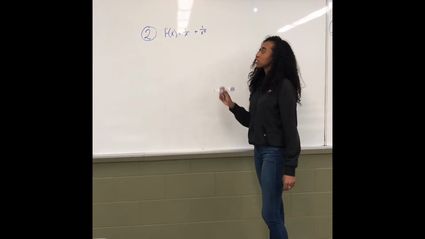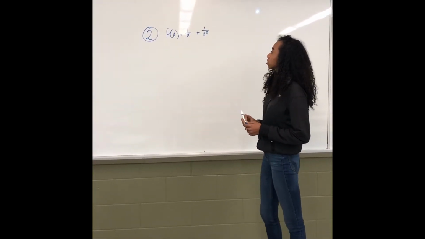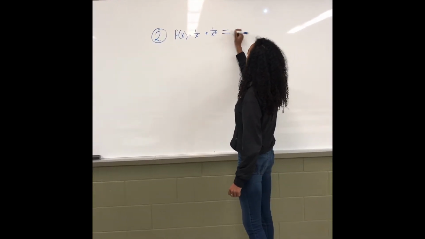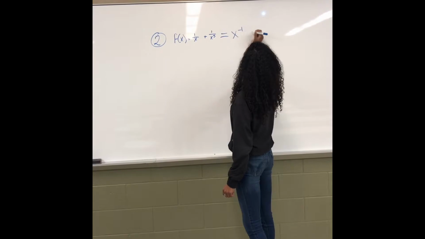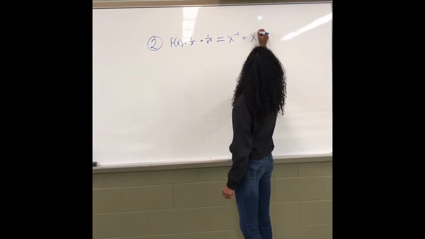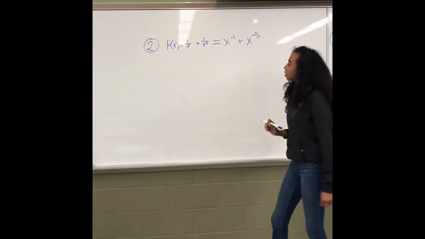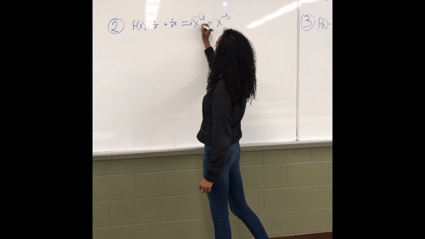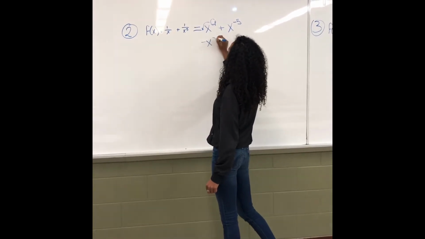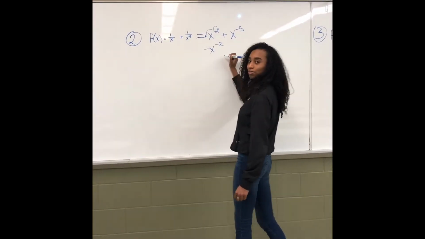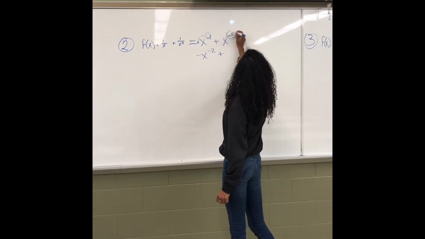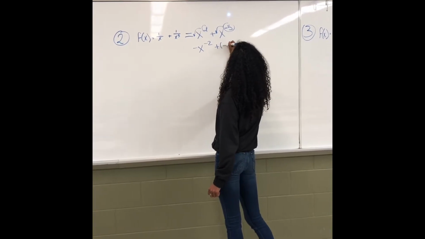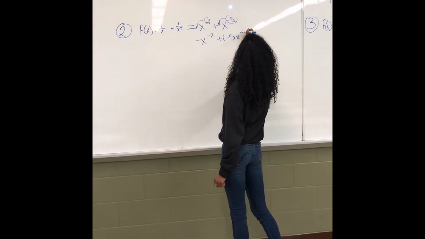Alright, for our next example, we have 1 over x plus 1 over x raised to the 5th, which you can rewrite as x to the negative 1 plus x to the negative 5th. And then just like our first example, you're going to bring down this number to the front, so it's going to be negative x raised to the negative 2 plus, bring down that negative 5, negative 5x raised to the negative 6.